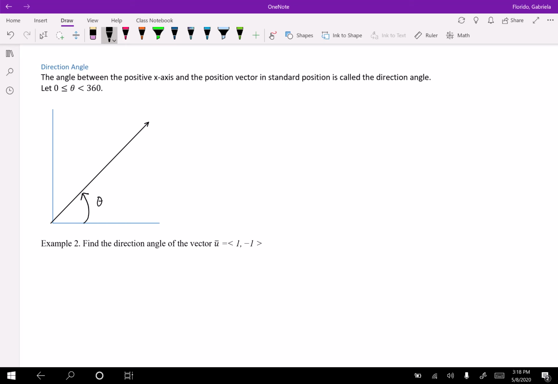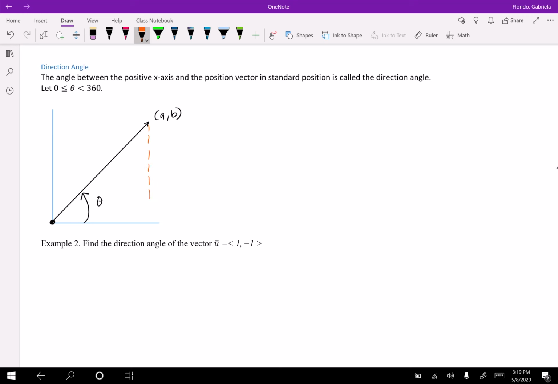So let's talk a little bit about how we would actually find this direction angle. Let's suppose that we have this vector here, maybe in the first quadrant, and it stops at the point (a, b). This is the terminal point, and of course the initial point is always the same, at the origin. Now we have to figure out what this direction angle is. Let's use our trig to find that theta.